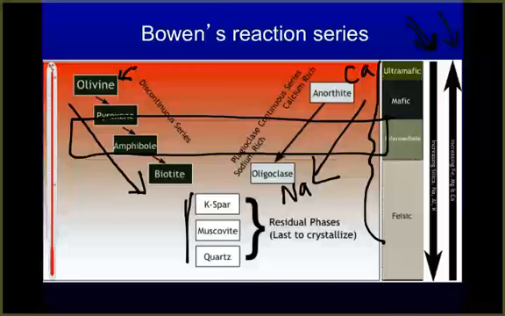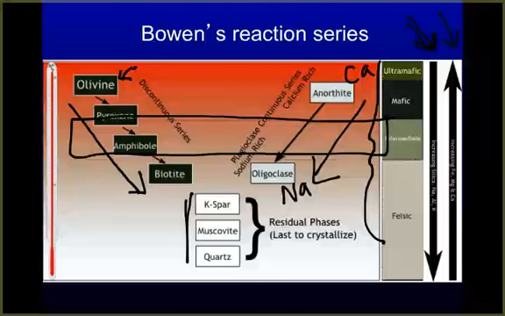So those elements stay behind in a melt longer than the more mafic minerals. And for those more mafic minerals, the arrow on the right-hand side shows an increasing amount of iron, magnesium, and calcium as you move up Bowen's reaction series.